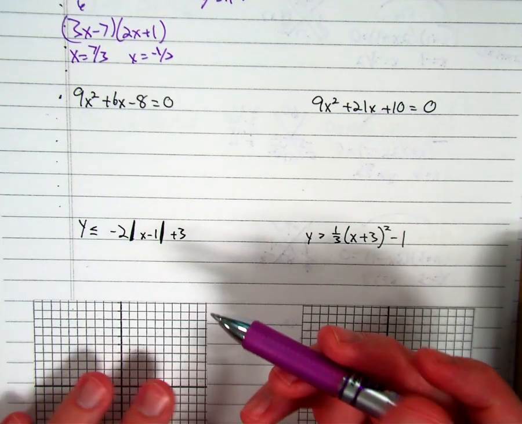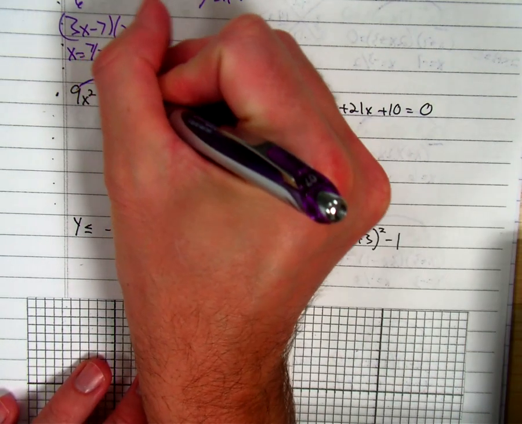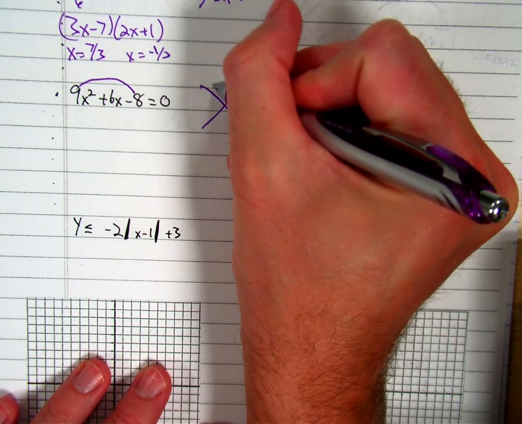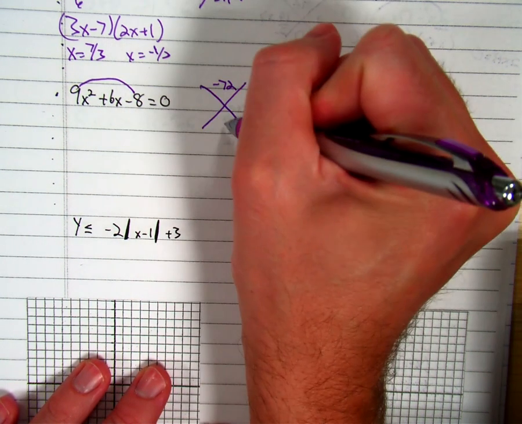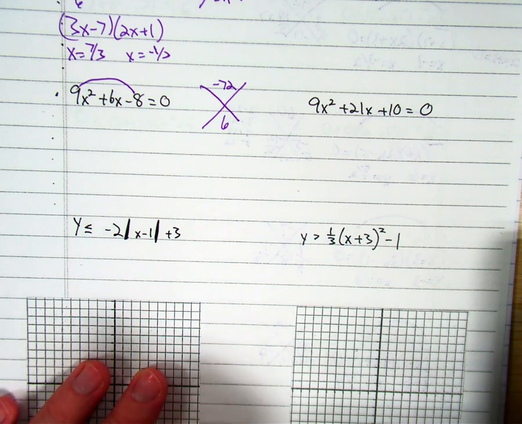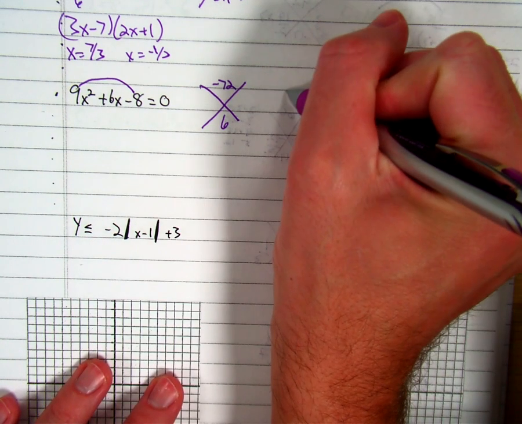All right, last one we're going to do together. 9 times negative 8, or multiplying to negative 72 and adding to 6. If you can't think of it, write them all down.